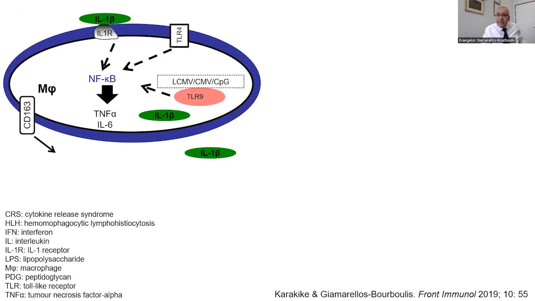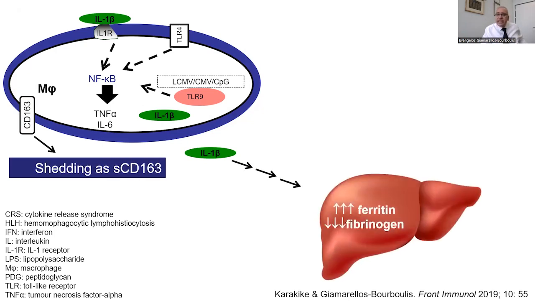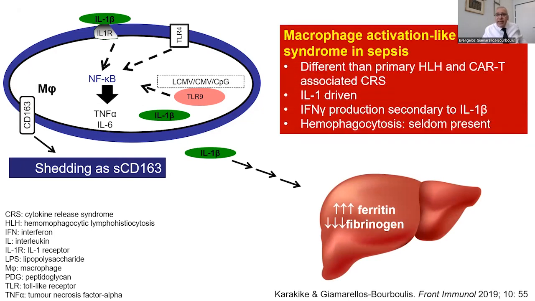And what we see there is a release of soluble CD163. This IL-1 beta stimulates the liver for further production of ferritin and a decrease of production of fibrinogen. And we call this entity macrophage activation-like syndrome, which is different from primary HLH and also different from the CAR T cell associated cytokine release storm.